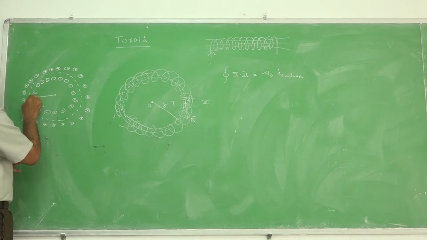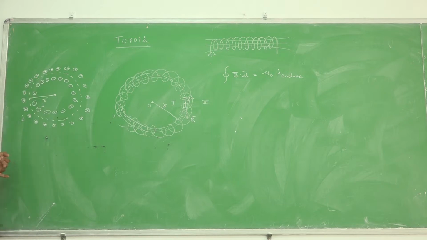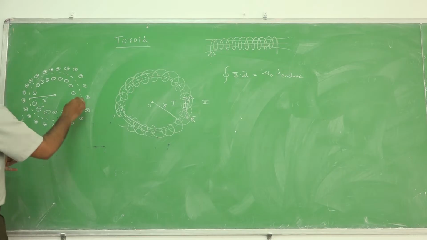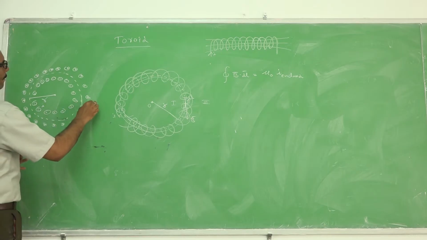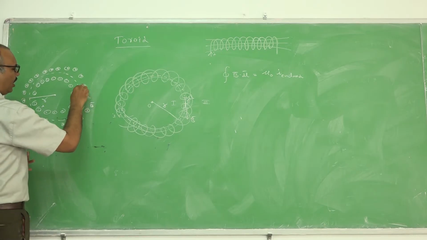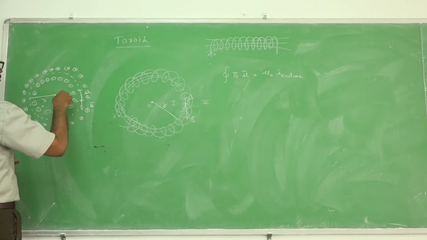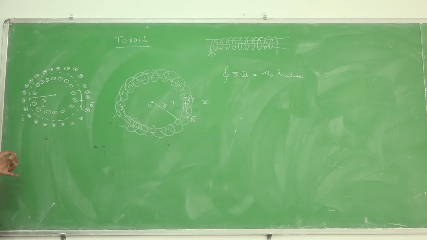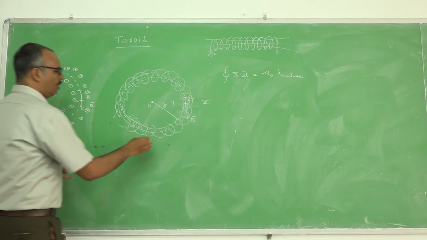Here R is the radius of the Amperian loop. So here I took some B bar along the tangential direction to the loop and dl bar on the Amperian loop. This is the Amperian loop.